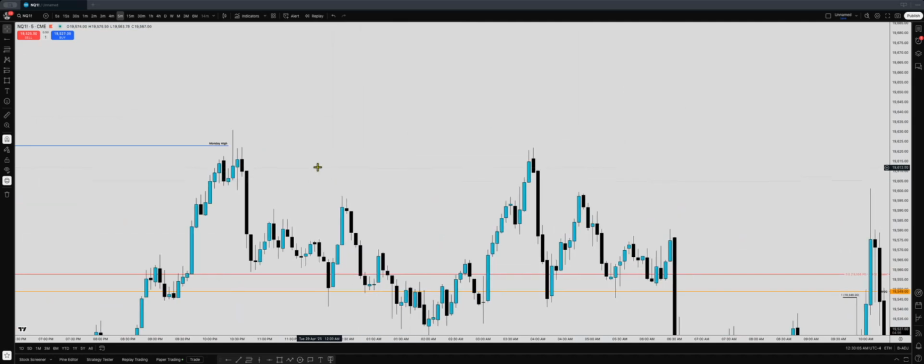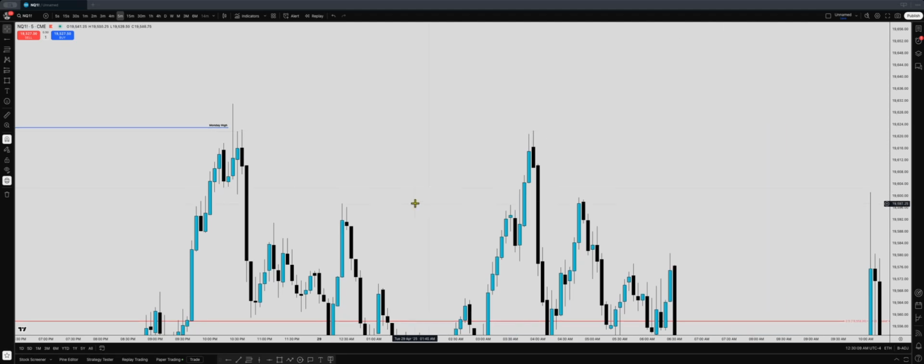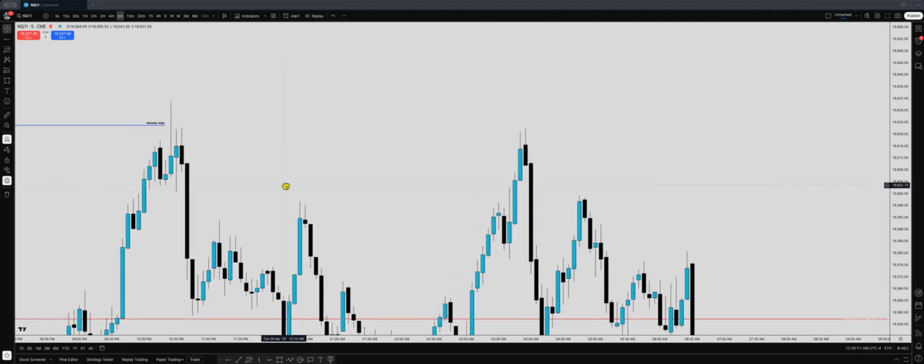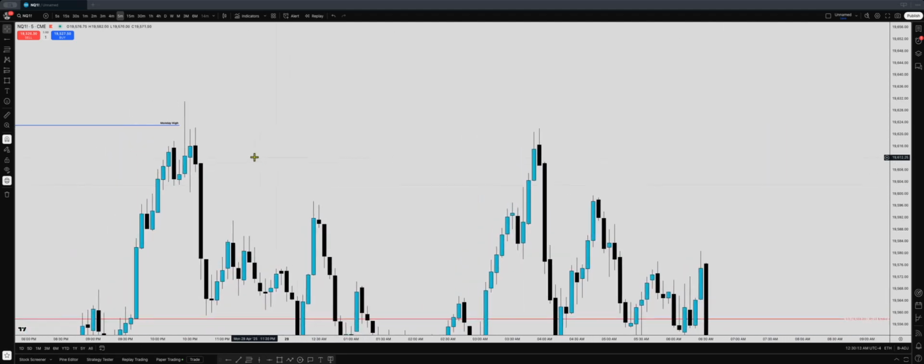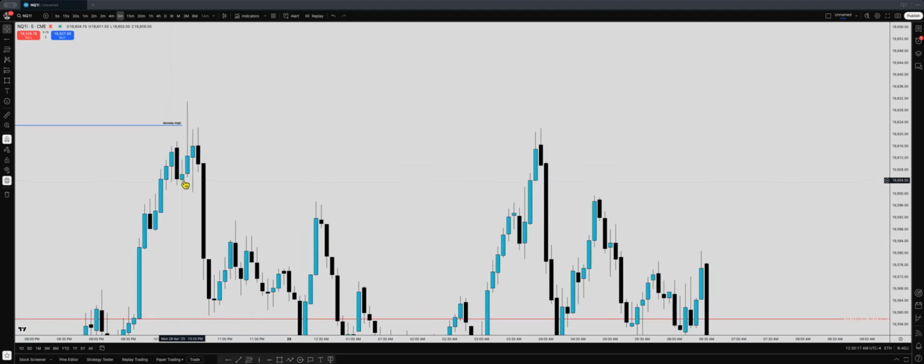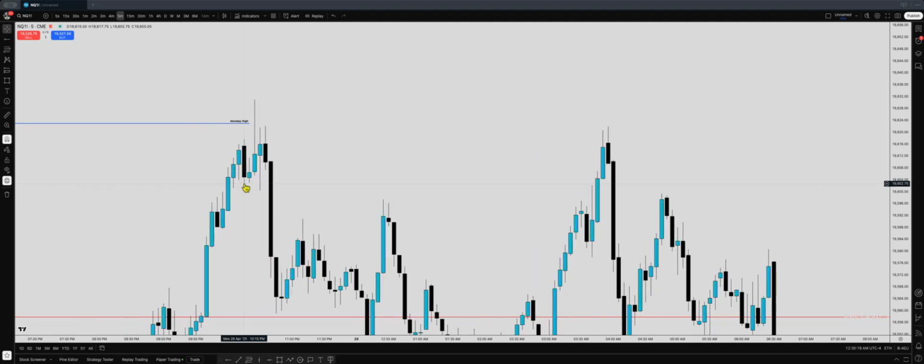However, it really wasn't qualifying for me. I would not have qualified this as an entry once I saw the model. So basically what I'm looking for is, if we're going to be bearish, you want to see 3 bullish up-close candles followed by either one or multiple, in this case 2, bearish candles.